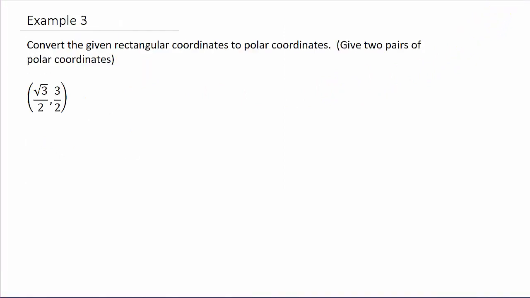All right, so let's look at example 3 here. We want to convert these rectangular coordinates to polar coordinates. So first thing I want to do, if you've watched the other videos, is plot the point. So square root of 3 over 2, 3 halves.